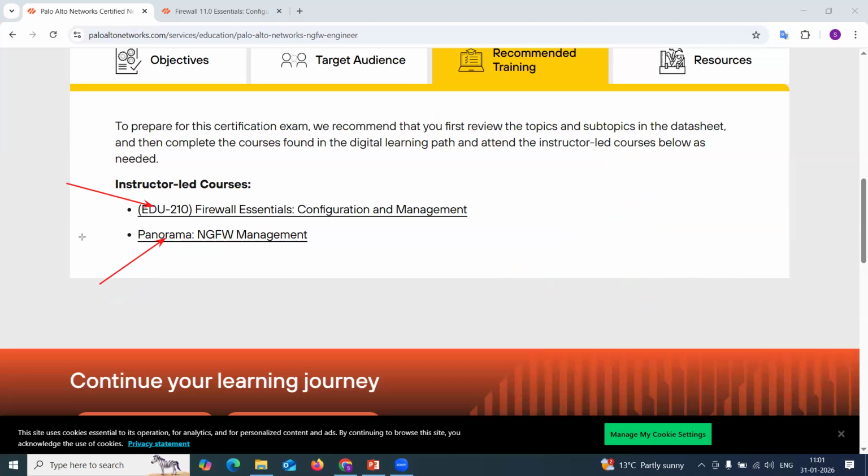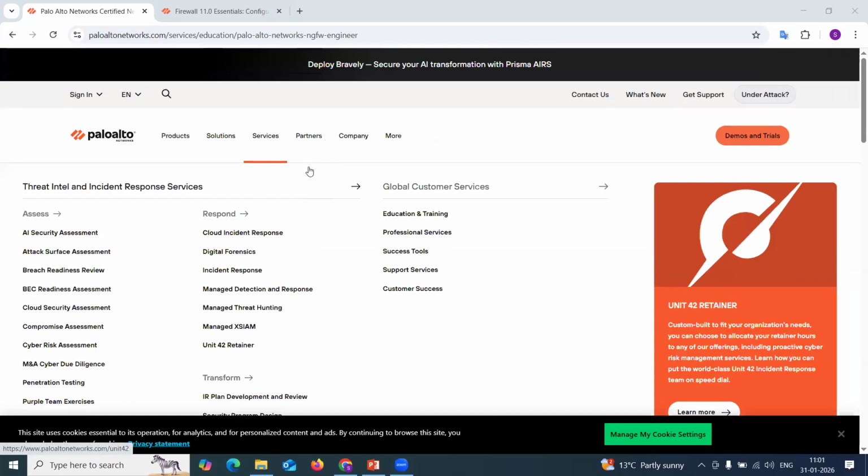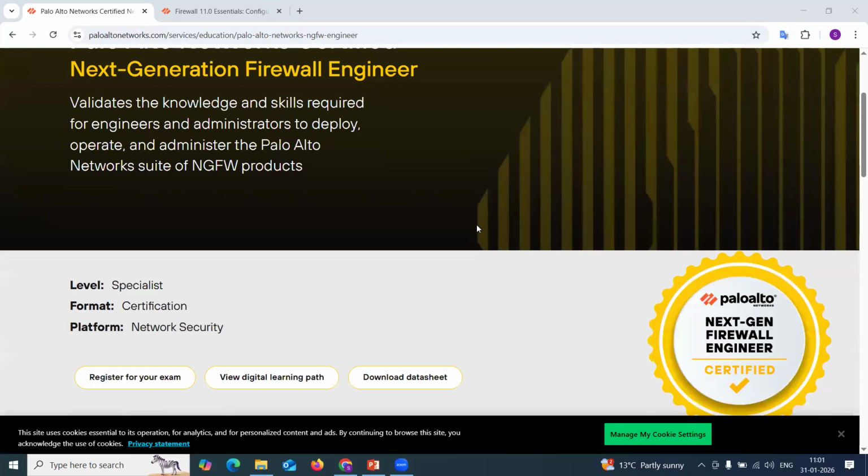So EDU 210 and Panorama, if you know all this stuff, then only can you go for next generation firewall training.